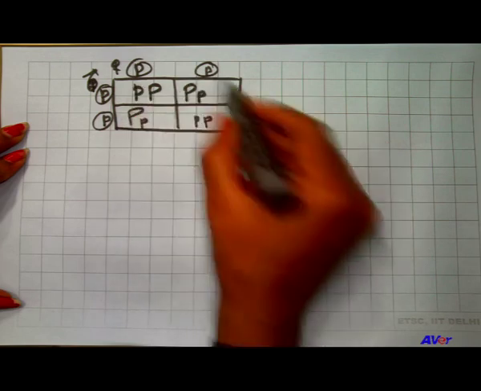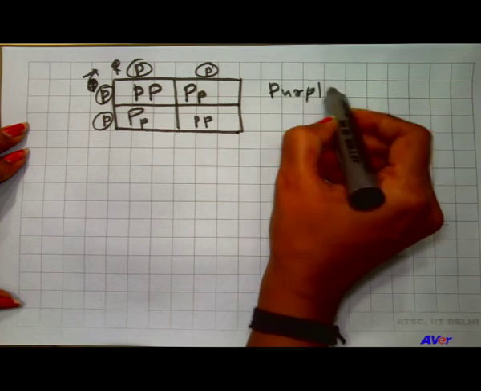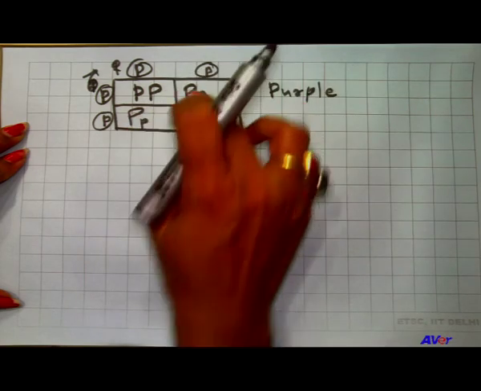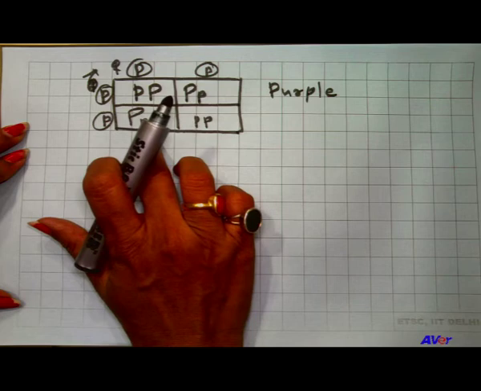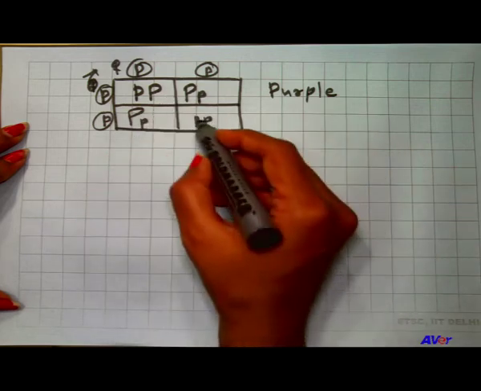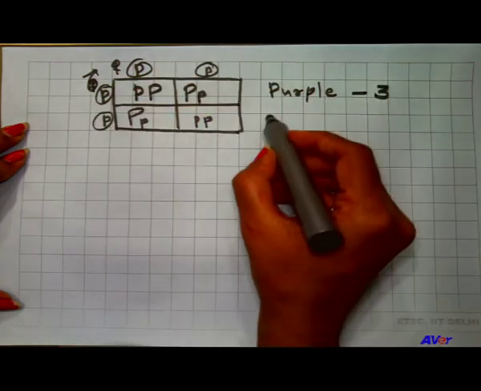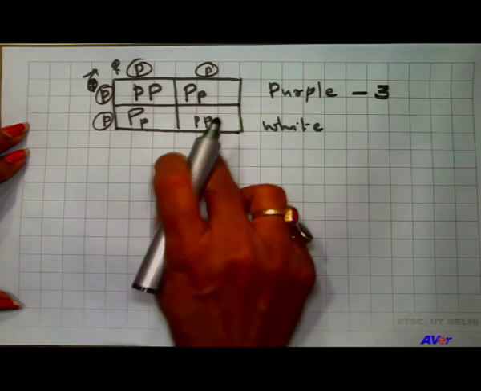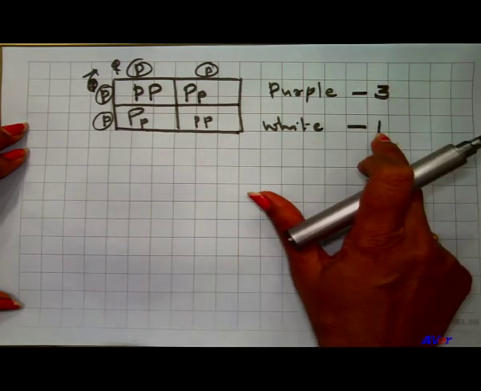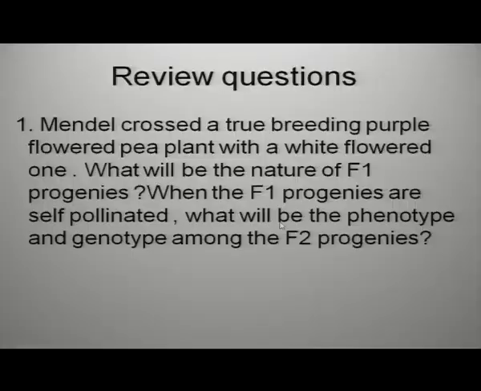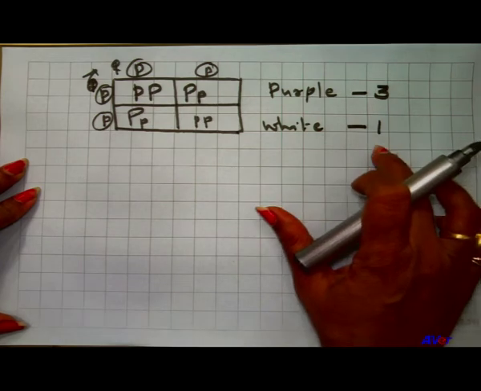See the phenotype, this one is purple, these two are also purple because capital P gene for purple is dominant over small p gene for white. So, total number of purple progenies will be 3 and white, only 1. So, here the phenotypic ratio, that is asked in the question, what will be the phenotype in the F2 progenies. So, your answer comes here, 3 purple is to 1 white.